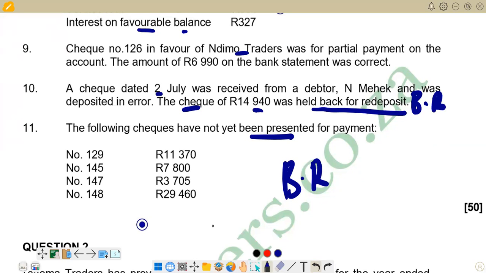But in the reconciliation, we adjust them because they are there in the journals. Remember, the purpose of the bank reconciliation is to make sure that the balance that we have in our ledger, that is the bank account, is the same as the balance that we have on the bank statement.